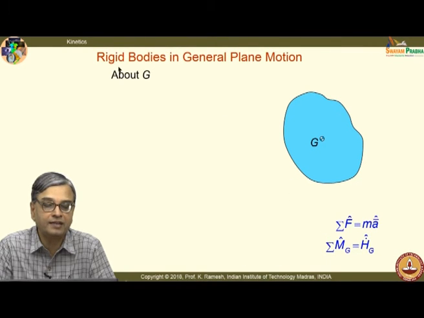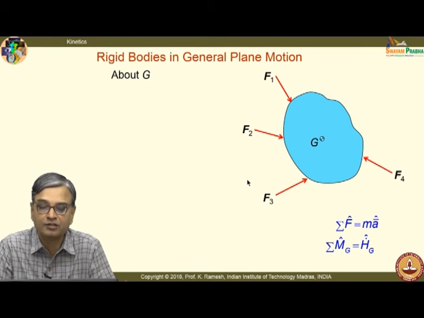So, we will look at rigid bodies in general plane motion, and we will look at about g. So, we have these identities: F equal to m a bar and Mg equal to H dot g. So, I have a system of forces acting on the rigid body, and I have reference axes x and y.